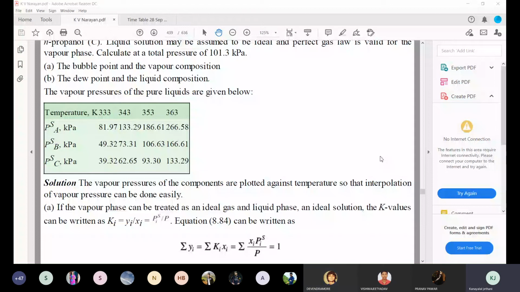Now calculate at 343. What is the summation of y? What is the value at 343? 0.96384.